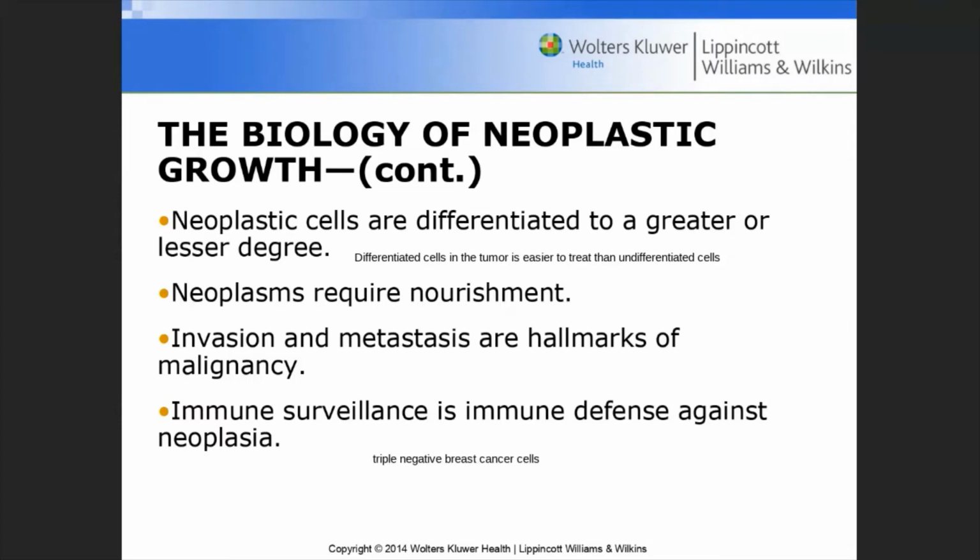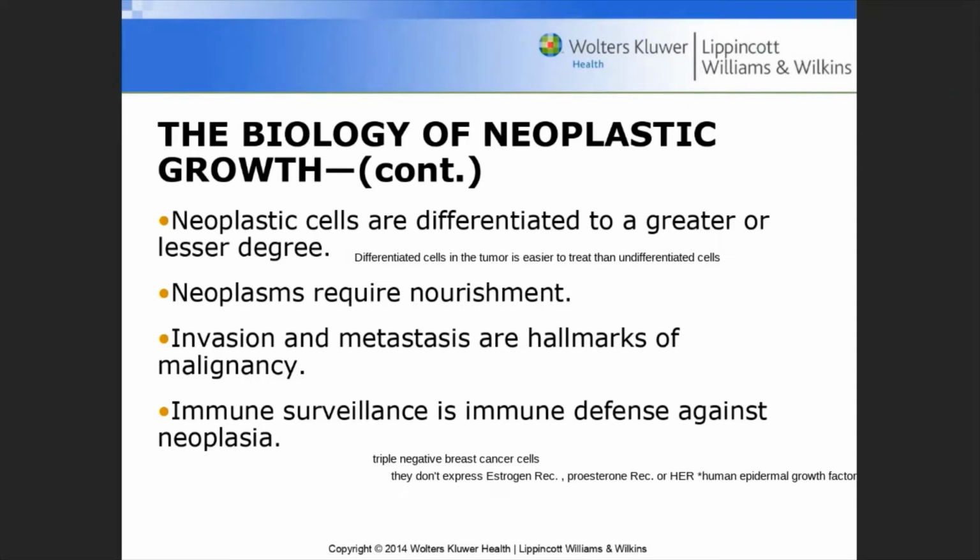Triple means they don't express the estrogen receptor, the progesterone receptor, or the human epidermal growth factor receptor, HER. HER stands for human epidermal growth factor.